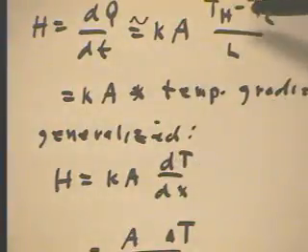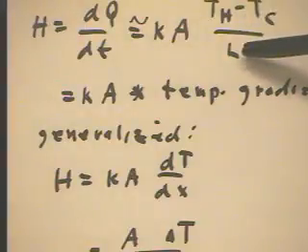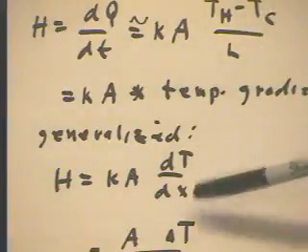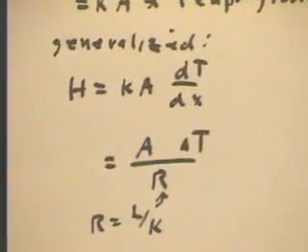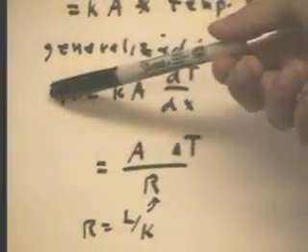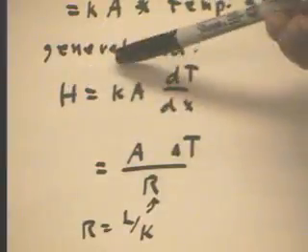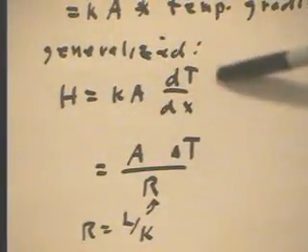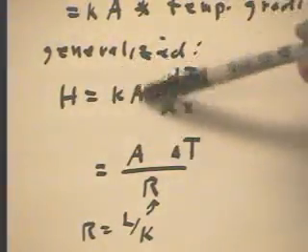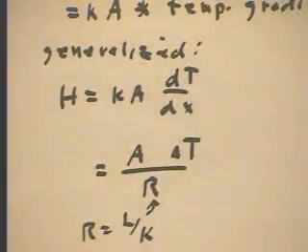And we simply take the limit of the delta T over L and call that a dT over dx. So the rate of thermal energy flow is the constant, times the area, times the temperature gradient, and the temperature gradient is defined in differential terms.